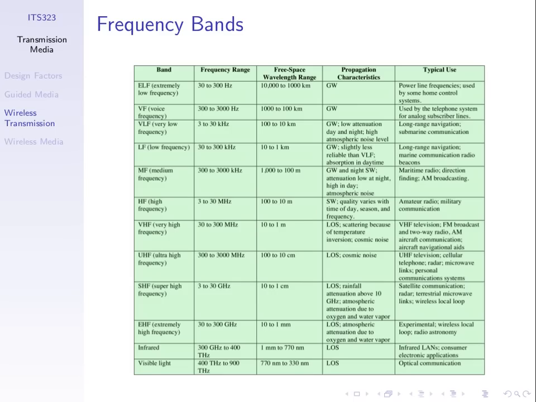It hits the materials in the wall and is attenuated by the wall. It gets weaker, but some of the energy passes through. So depending upon the frequencies, we can pass through obstacles in different manners. And that makes the selection of the frequency important depending upon your application.